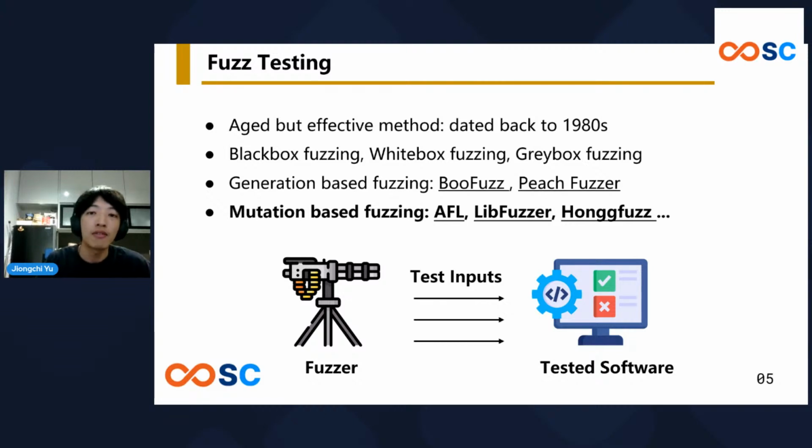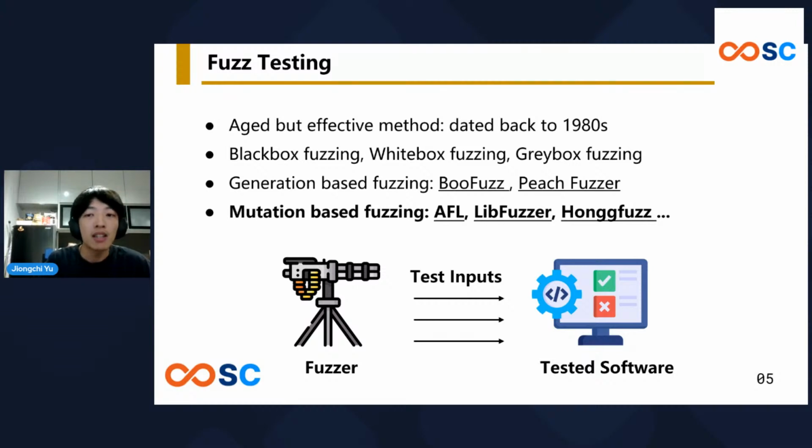We can categorize fuzzers based on whether we have access to the source code into black box fuzzing, white box fuzzing, and gray box fuzzing. In terms of fuzzing strategies, fuzzers can also be categorized into generation-based fuzzers and mutation-based fuzzers. The latter are the most popular fuzzers, for example, AFL, American Fuzzy Lop, LibFuzzer, and Honggfuzz, which mutate inputs.